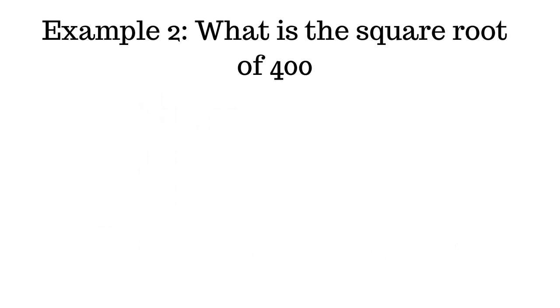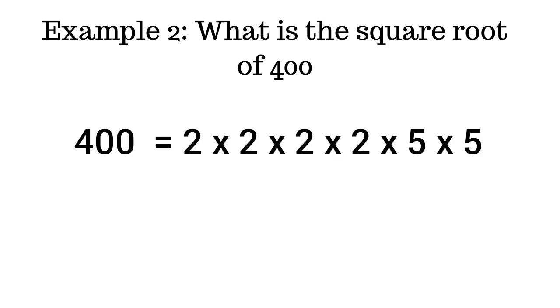Example 2. What is the square root of 400? First of all, we will express 400 as a product of its prime factors. That gives us 400 is equal to 2 times 2 times 2 times 2 times 5 times 5. Among the first two factors, we will take 1, 2.